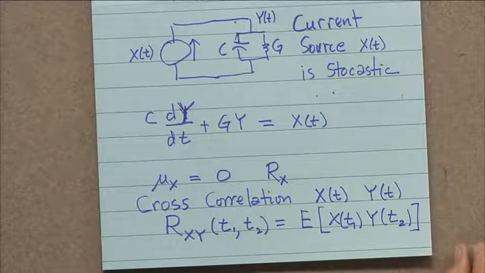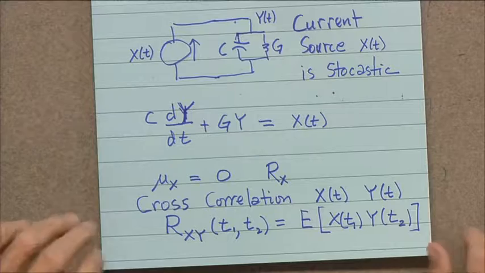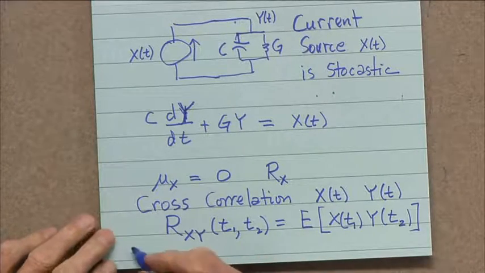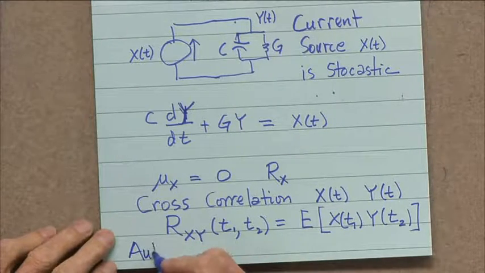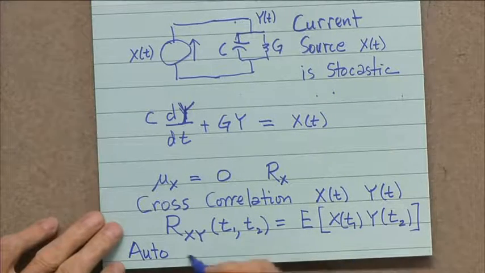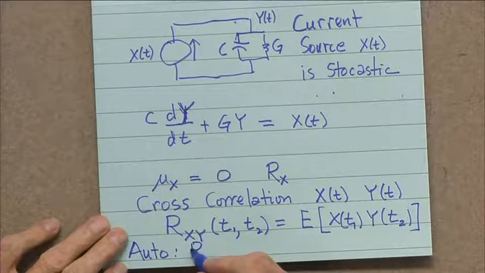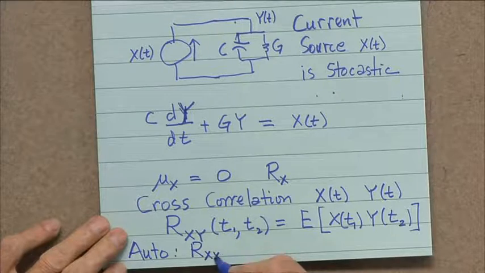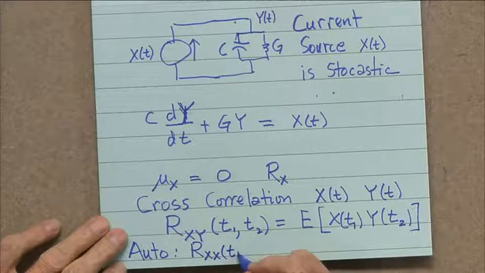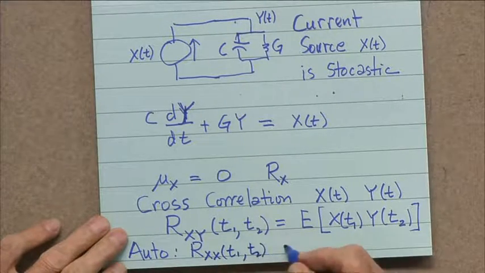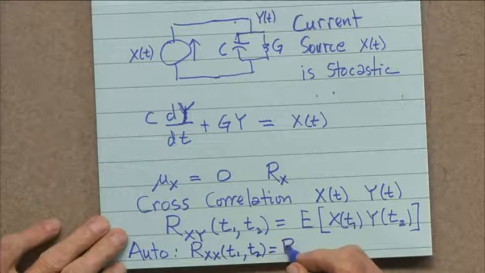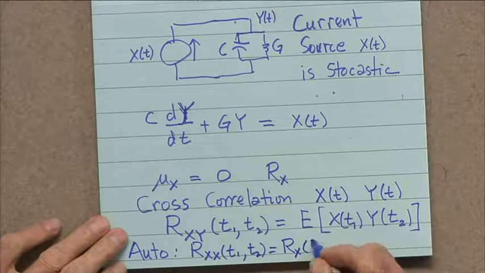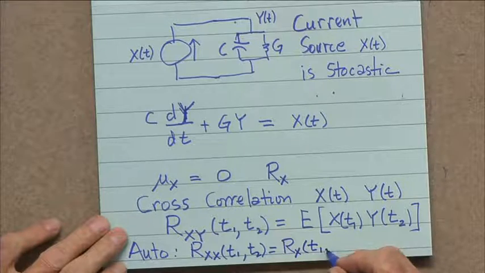Cross correlation. Autocorrelation is R X X of T1, T2, which we call R X, the autocorrelation function.